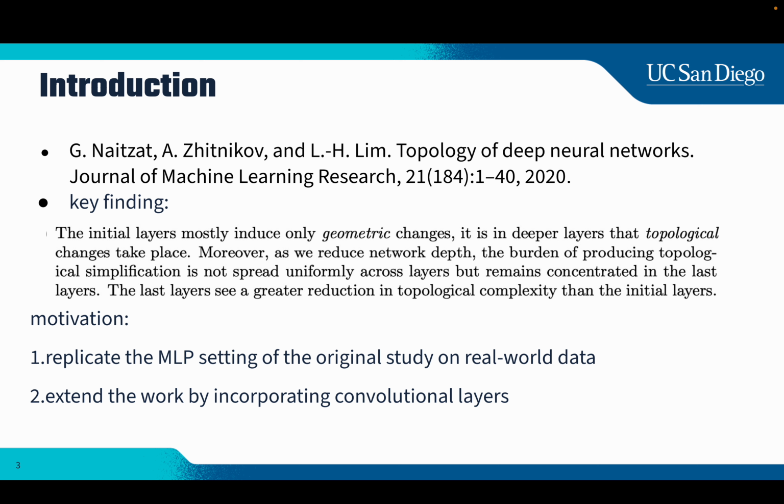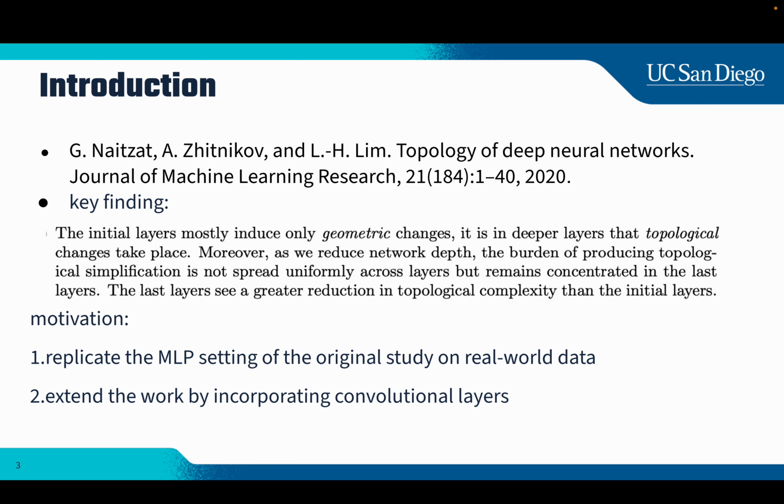The core idea is that neural networks simplify the topological structure of data as it flows through the layers. For example, if the input has multiple connected components or loops, this should disappear in deeper layers. Understanding this transformation helps us grasp how neural networks compress information and make decisions.